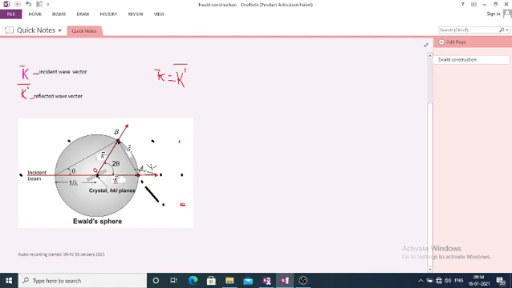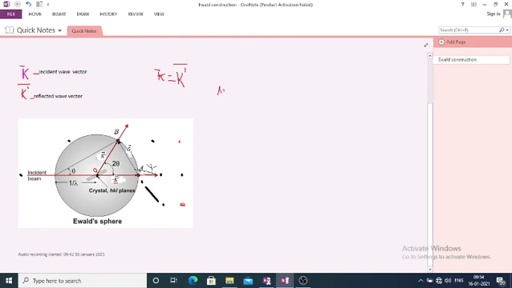It lies on the surface of the sphere, and its distance from the origin is K dash, which must be equal to K. Suppose B is the tip point of the vector K dash, and A is the tip point of the incident wave vector. If you connect these two tip points, the line connecting the tips of the two vectors is known as the reciprocal lattice vector.